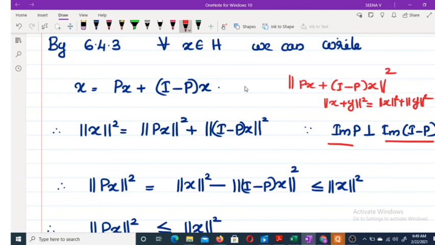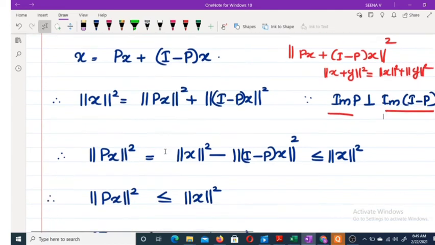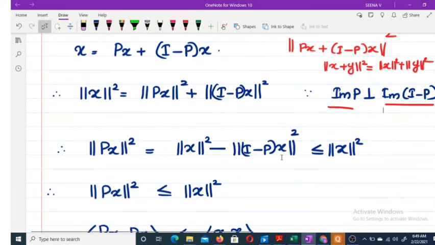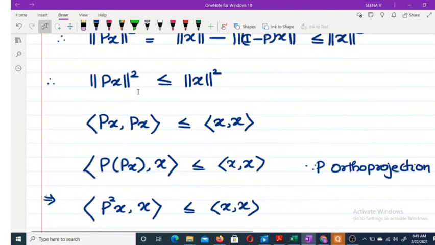Now from this, norm of Px square is equal to norm of x square minus norm of (I minus P)x whole square. Norm of x square is positive, this is also positive, therefore clearly a positive quantity is subtracted from norm of x square. Therefore this is less than or equal to norm of x square. So norm of Px square is less than or equal to norm of x square. Norm of Px square is inner product of Px, Px. Norm of x square is inner product of x and x.